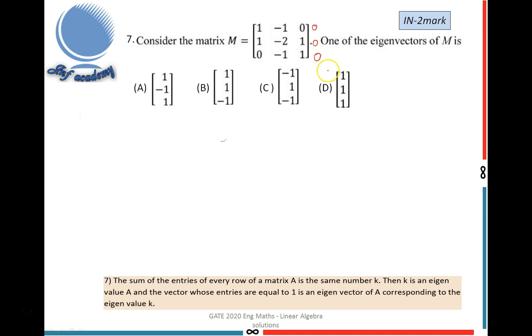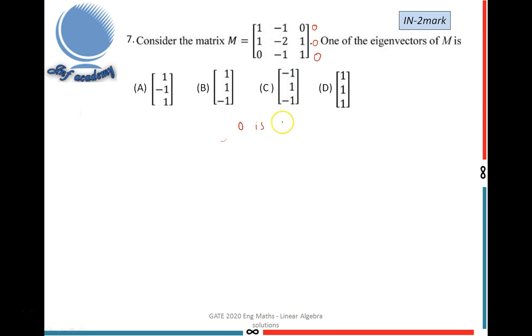So here I got the sum of the entries of every row of your matrix M is the same number, 0. So 0 is one of the eigenvalues of M. Next, the eigenvector whose entries are all 1, 1 1 1.